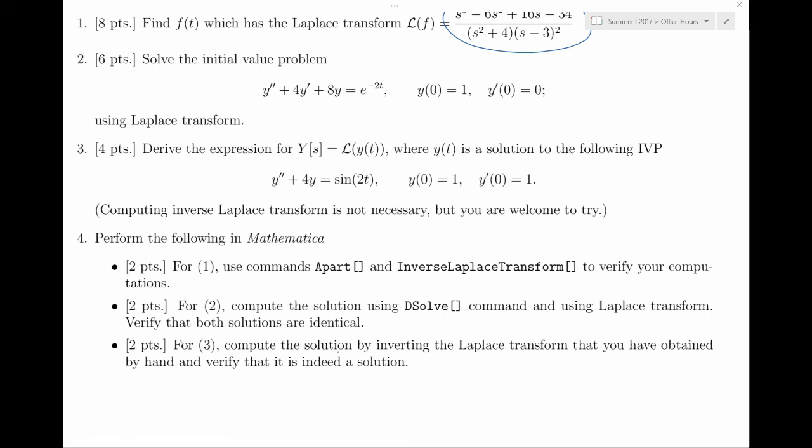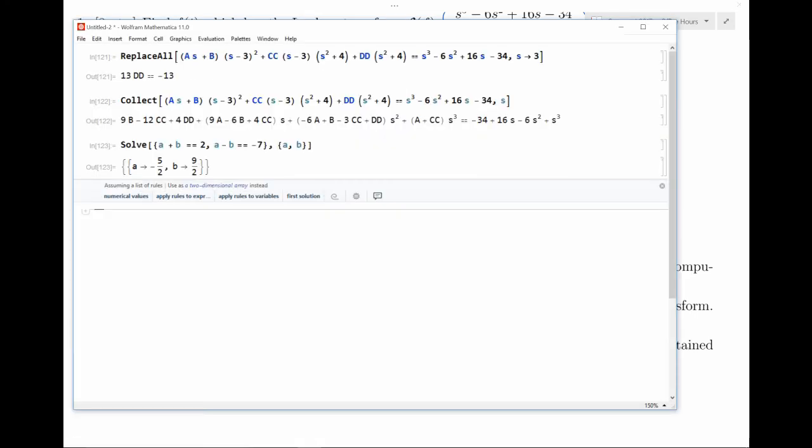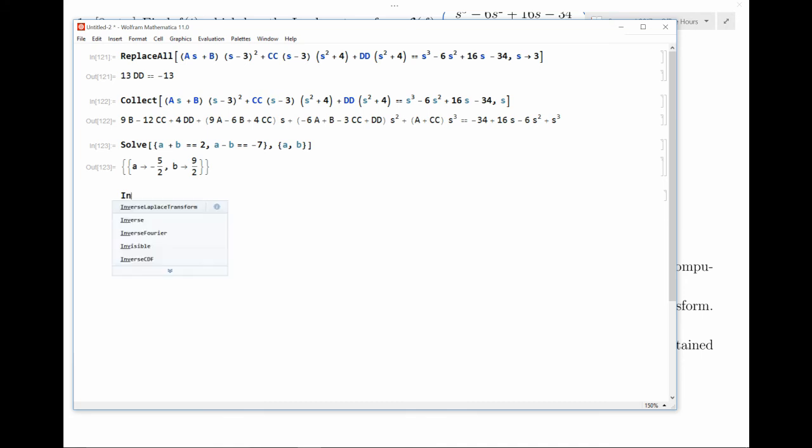I also want to say a few things about how you can verify that something is indeed a solution. I did it in the lectures, but let me just do it here again. So for example, suppose you got an inverse Laplace transform of some expression. Let's just go with something easy.